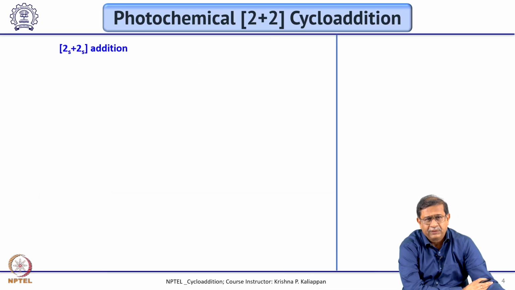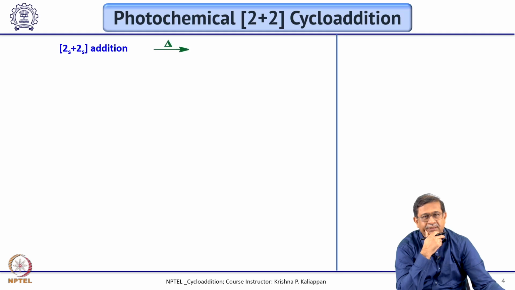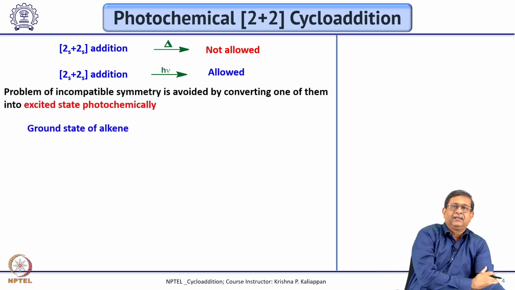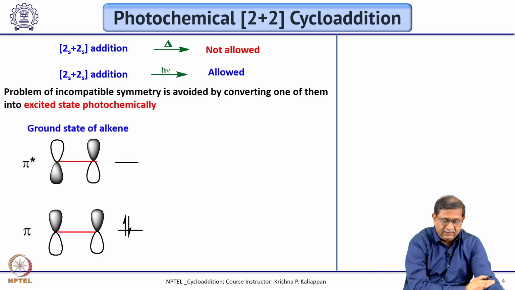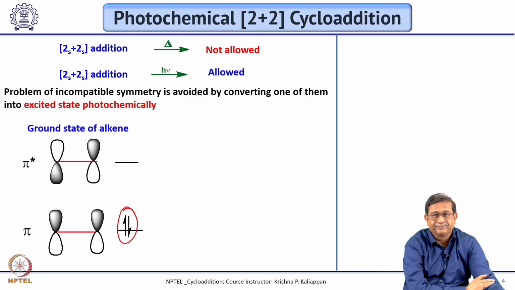When you talk about 2+2 cycloaddition reaction, under thermal condition it was pi 2s and pi 2a, whereas under photochemical condition you take pi 2s and pi 2s, both suprafacial. So how is it possible? Here you take an alkene, and in the ground state the 2 pi electrons are in the pi orbital.